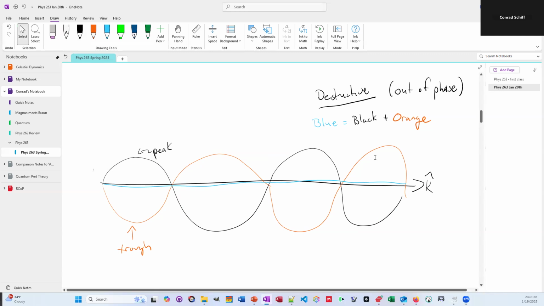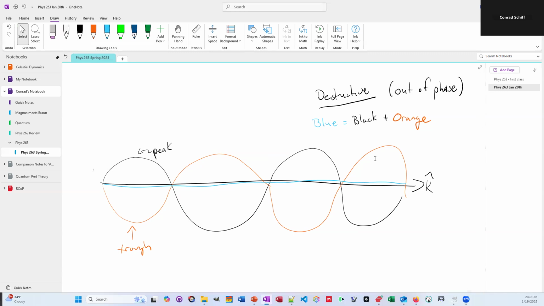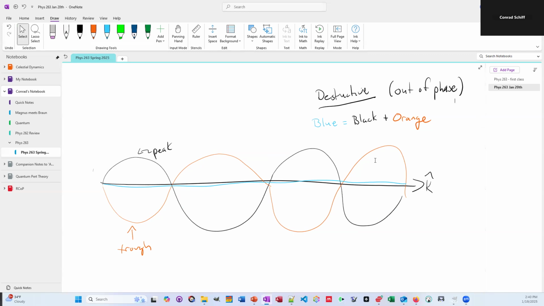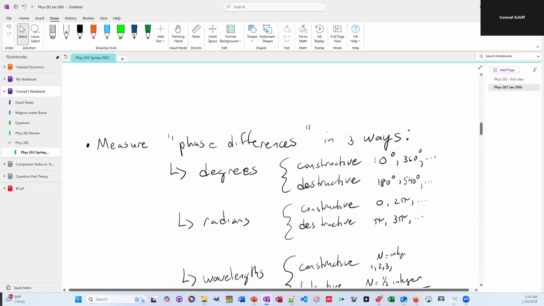So your book covers things in a slightly different order than what I'm going to do here. What I'm going to do here is just give a general overview of what we're expecting to see, and then down the road we can drill down on some famous experiments that demonstrate these.